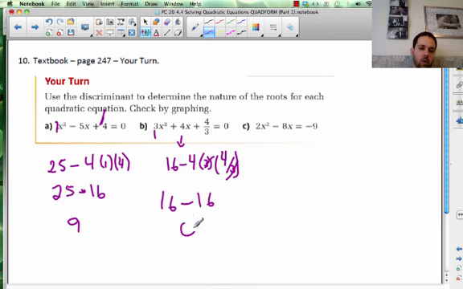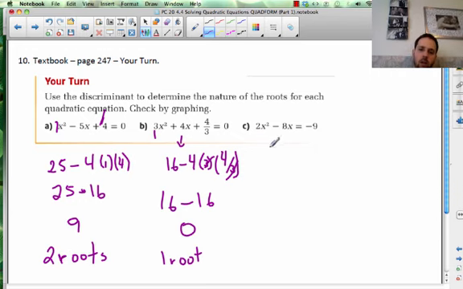And here you go, and your discriminant is 0, meaning you will only have one root. And you can double check by graphing this. 2 roots. Okay, that should be a lowercase r.